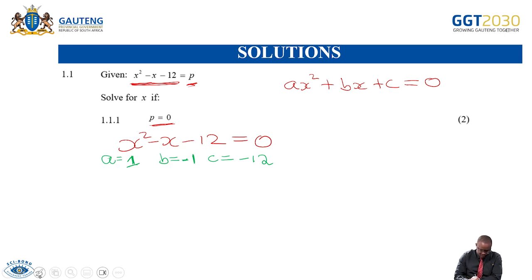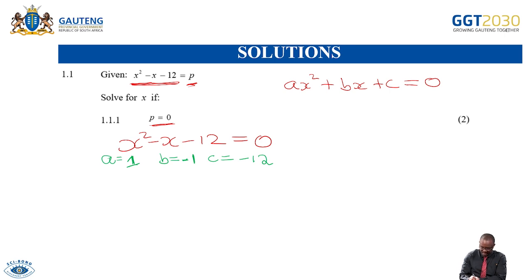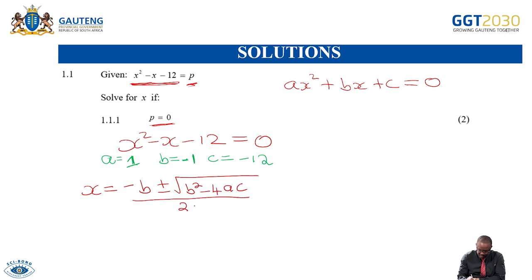Then you will go to your formula sheet and look for a formula that is written like this. It's x is equal to minus b plus or minus the square root of b squared minus 4ac, all over 2a. That's what we call the quadratic formula.